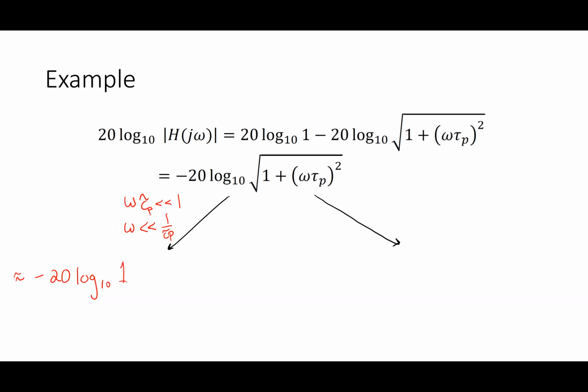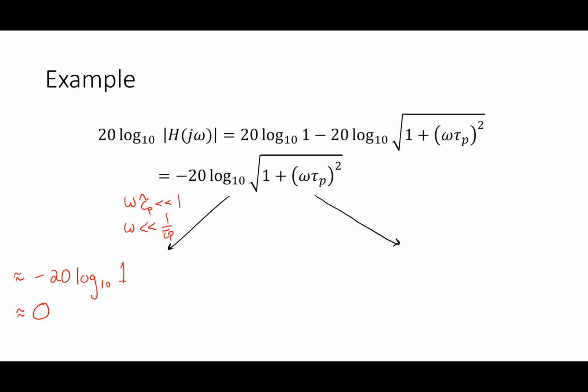In other words, I have 1 plus a number much smaller than 1, which is 1. The square root of 1 is 1. So what's 20 times the log of 1? 0.